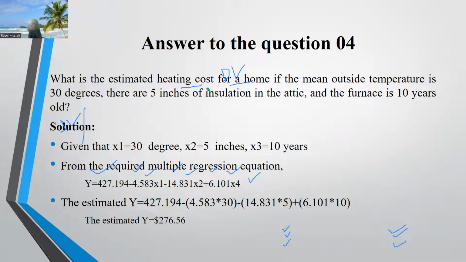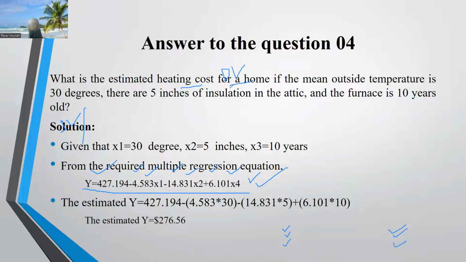Question number 4. What is the estimated heating cost for a home if the mean outside temperature is 30 degrees, there are 5 inches of insulation in the attic, and the furnace age is 10 years? This is the regression equation, which is taken from the regression table.